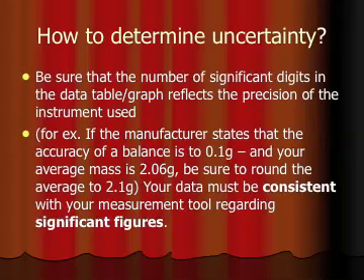You calculate all those and you take the average and your result is 2.06. Because your balance accuracy is to 0.1 grams, then you need to round the average to 2.1 grams instead of 2.06, okay? Your data must be consistent with your measuring tool regarding significant figures.